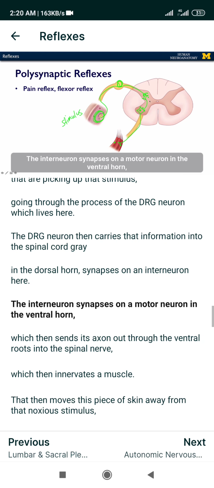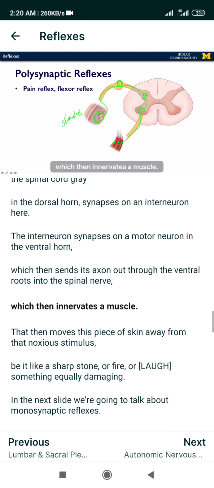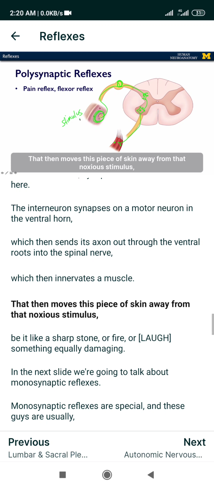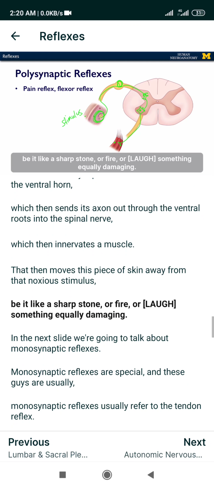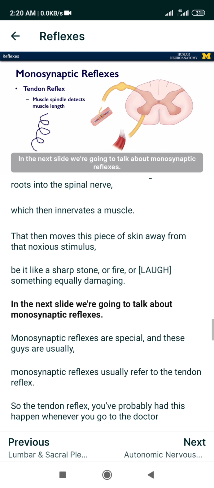The interneuron synapses on a motor neuron in the ventral horn, which then sends its axon out through the ventral roots into the spinal nerve, which then innervates a muscle that then moves this piece of skin away from that noxious stimulus, be it like a sharp stone or fire or something equally damaging. In the next slide, we're going to talk about monosynaptic reflexes.